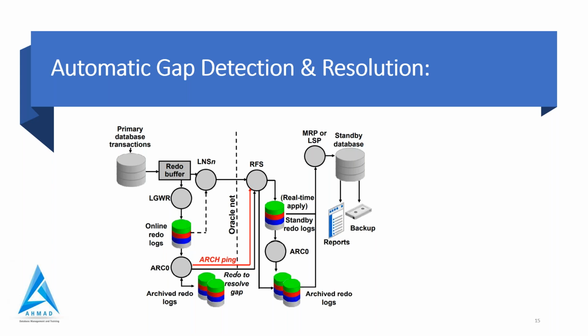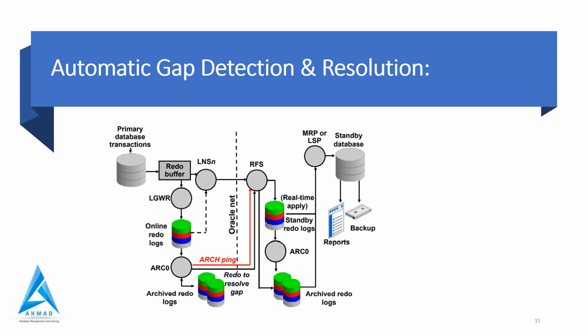A gap basically happens when you don't have a network between production and standby. Then your redo will not be transferred to the standby, and your standby will not be up to date with the primary. Suppose you didn't configure an automatic script that sends an email when the standby is not synced with the primary, then you will not know about it, especially if you are managing 1000 databases in your client environment.